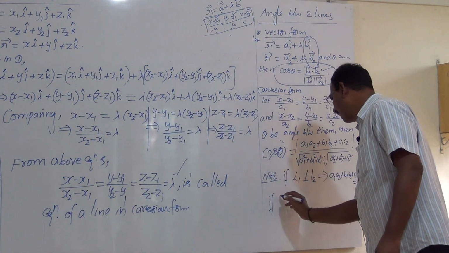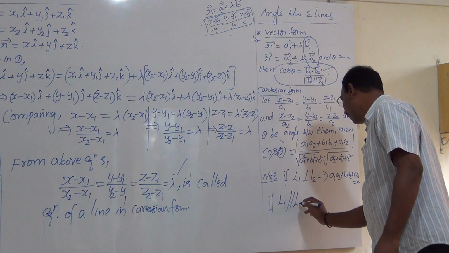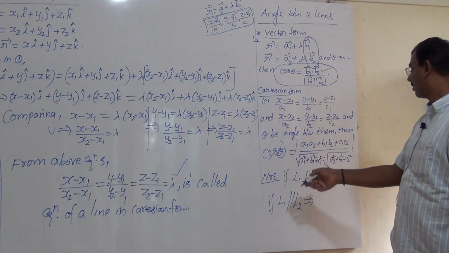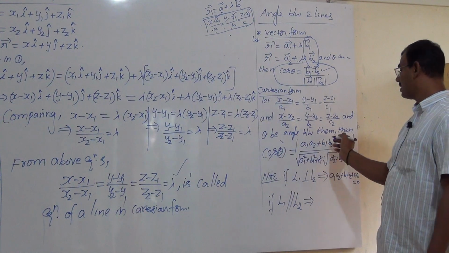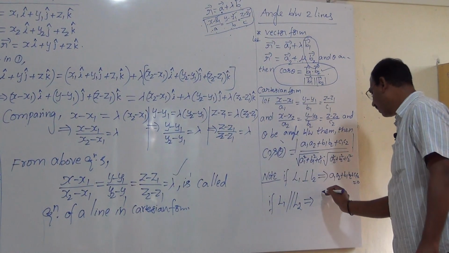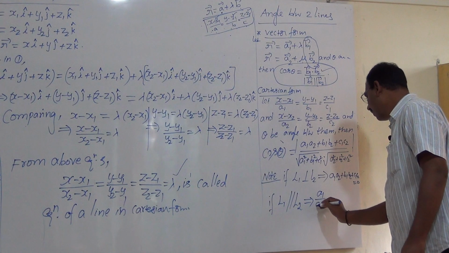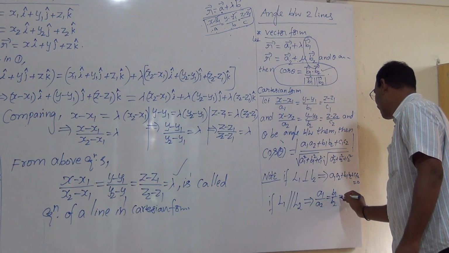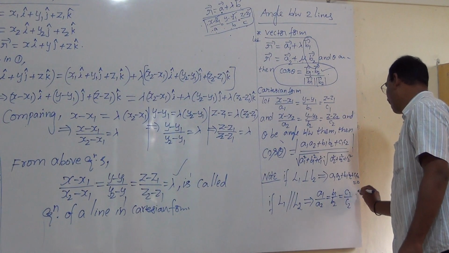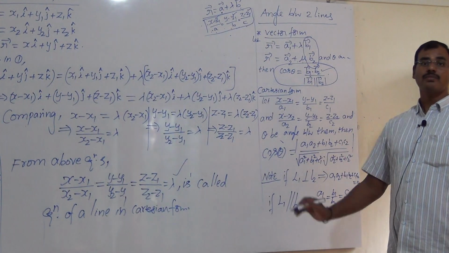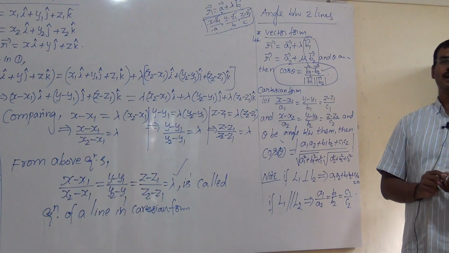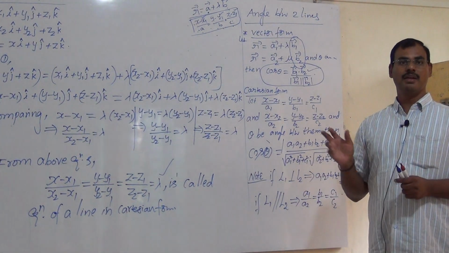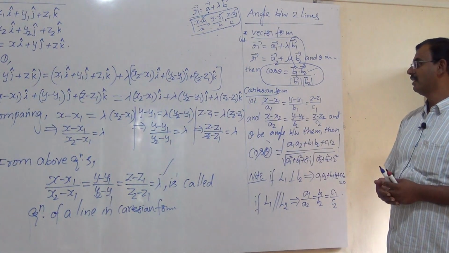Suppose two lines are parallel, if L1 is parallel to L2. Then cos 0 is 1. Simplifying this, we get the condition a1 upon a2 is equal to b1 upon b2 is equal to c1 upon c2. If two lines are parallel, the condition is a1 by a2 equals b1 by b2 equals c1 by c2.